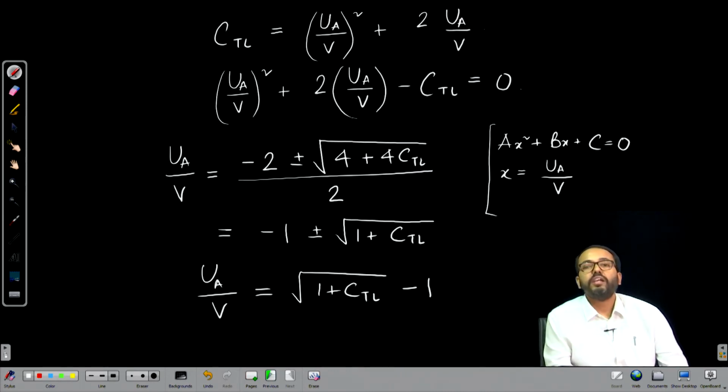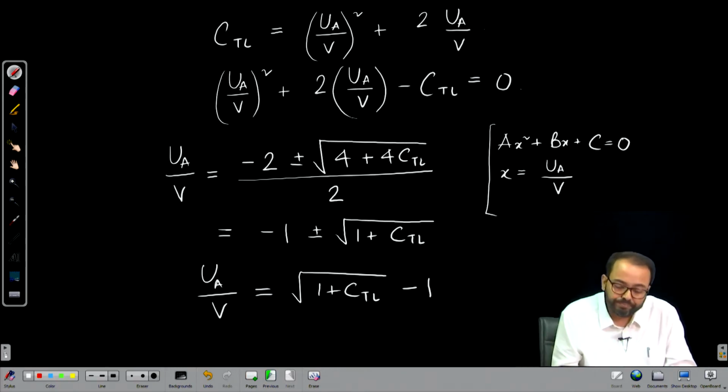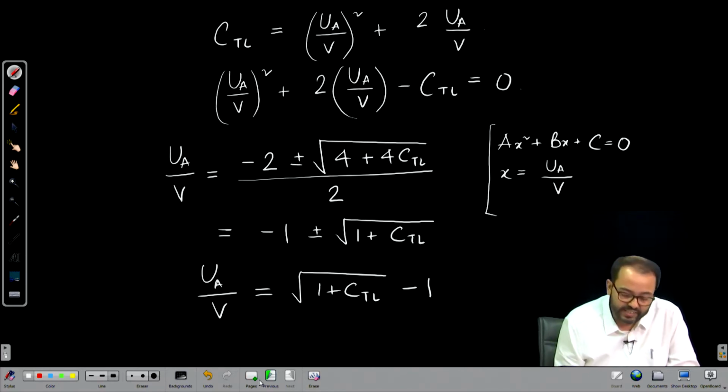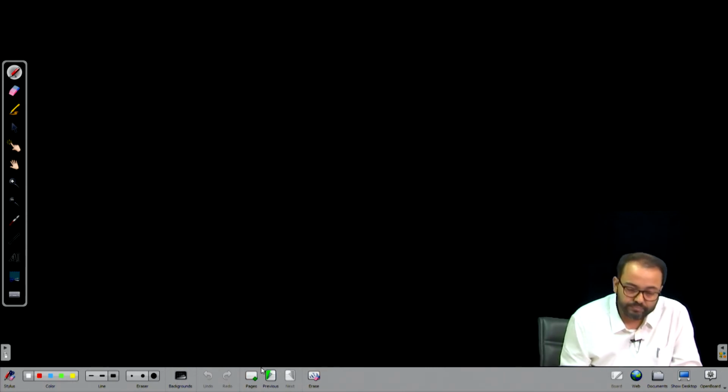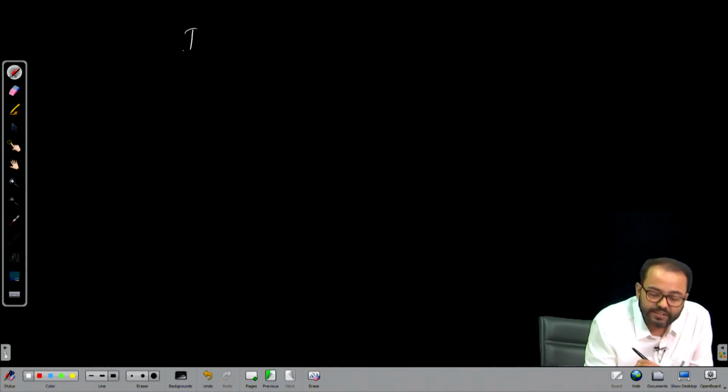So, for all positive values of thrust loading coefficient, you will have UA by V positive here. Now, how do we write eta I, the ideal efficiency?